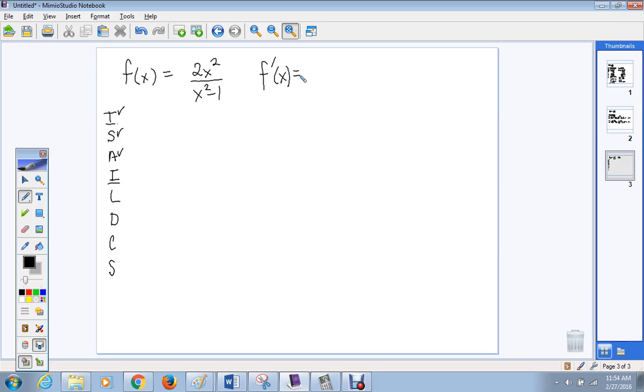If we looked at the derivative, we would have the bottom times the derivative of the numerator minus the top times the derivative of the denominator, all over the denominator squared.